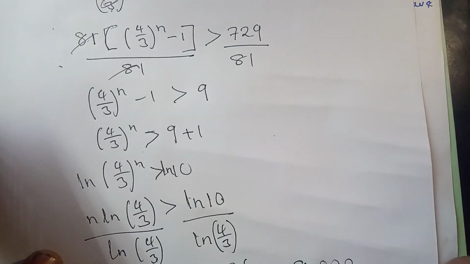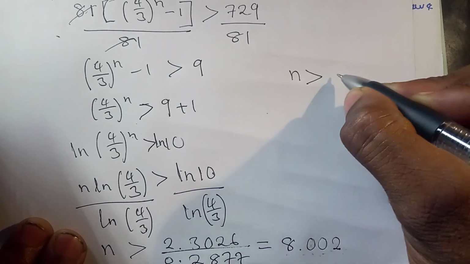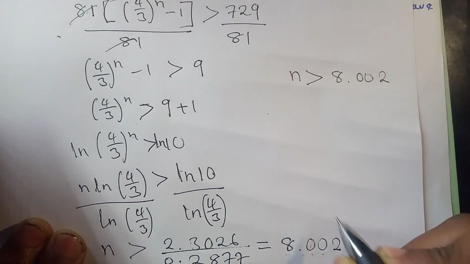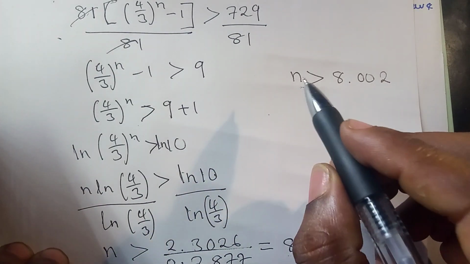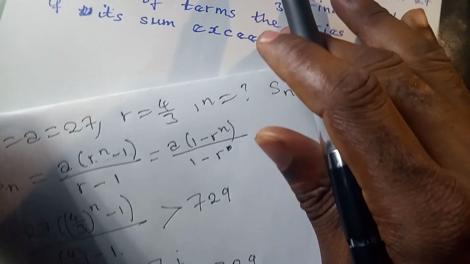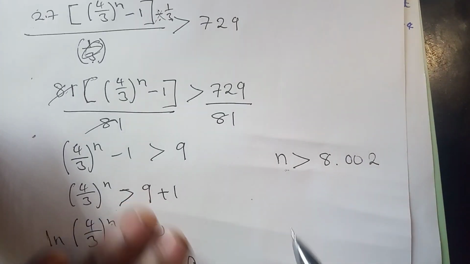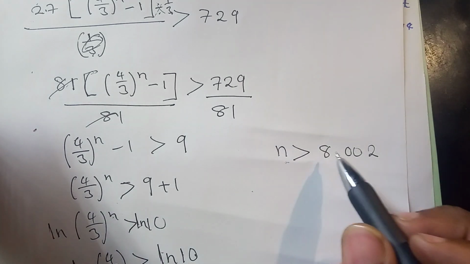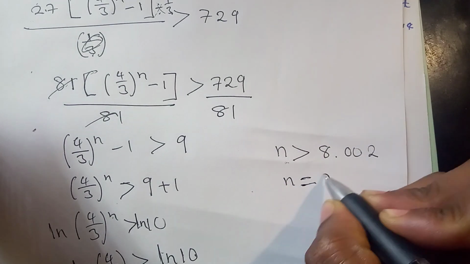So remember that n is greater than 8.002. So the smallest value of n which can satisfy this statement here, where the sum exceeds 720, is whatever natural number is next to this, which is above this. So that natural number is a 9, I think.